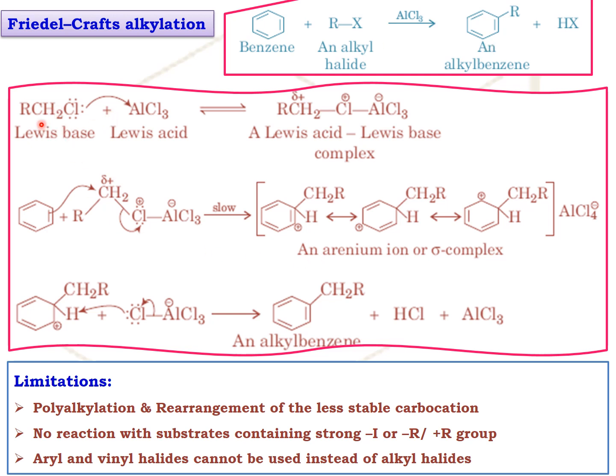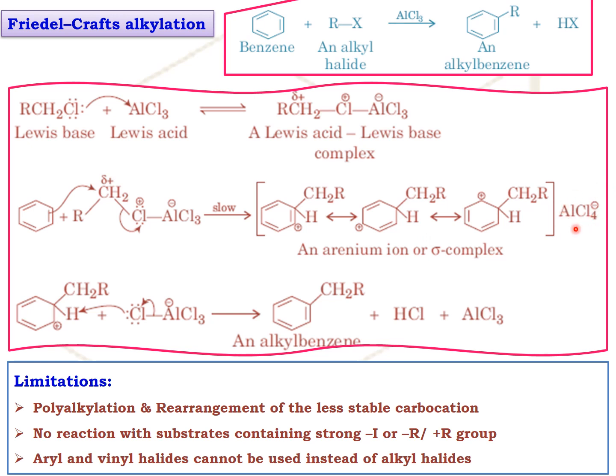Here, our alkylating agent itself acts as a Lewis base. It reacts with the Lewis acid, aluminum chloride. It provides a complex formation. This complex interacts with the benzene ring to form an arenium ion, a sigma complex, and also an anion, AlCl4-.